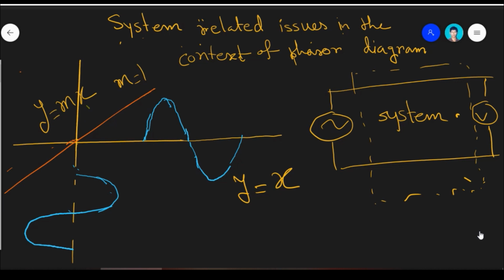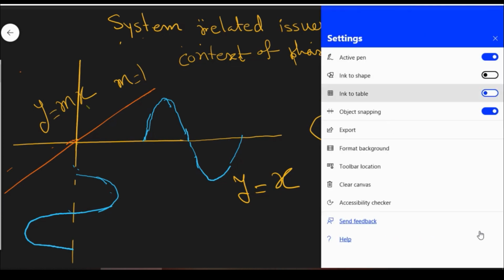Now, when we are talking about electrical systems, obviously an electrical system generally comprises three different elements. What are those elements? They are resistor, inductor and capacitor, right? Now you have to think about how to claim that a given resistor is a linear one.